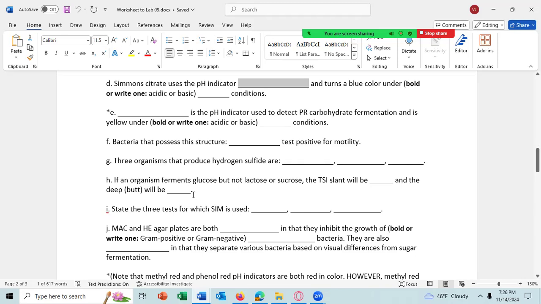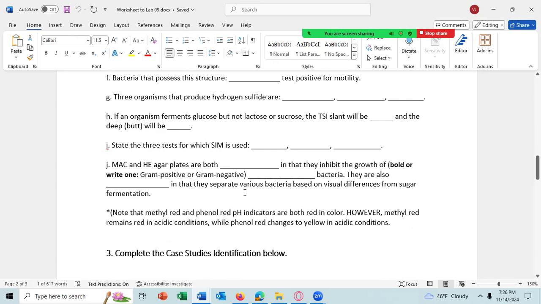2H, if an organism ferments glucose, but not lactose or sucrose, the TSI slant will be what? And the deep butt will be what color? 2J, state the three tests for which SIM is used, meaning what three tests does SIM measure? 2J1, MAC and HE plates are both what, in that they inhibit the growth of gram-positive, gram-negative cells and of what bacteria?